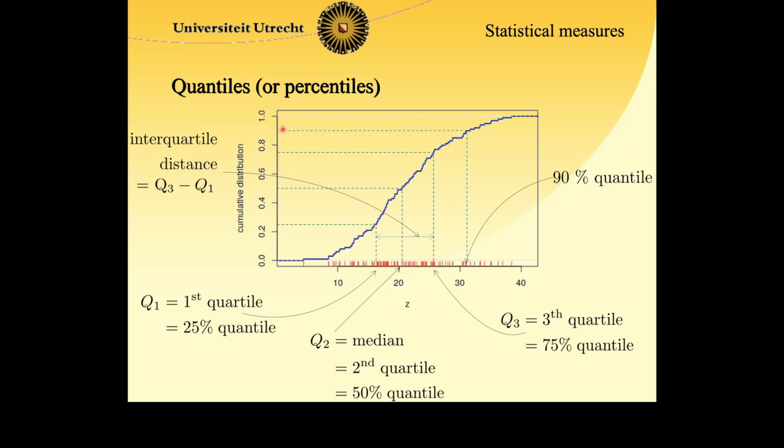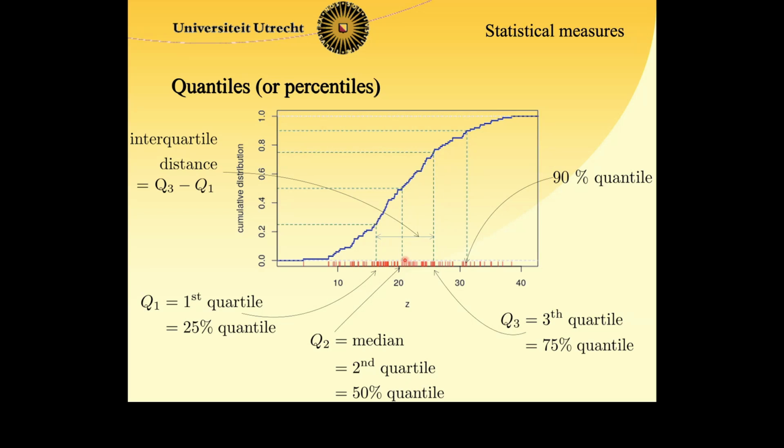You take 0.9 on this axis, you go like this, and then you find a value on the variable axis here, and that value is called the 90% quantile or 90th percentile.